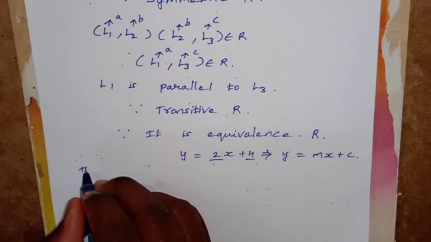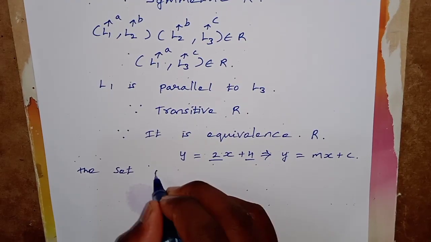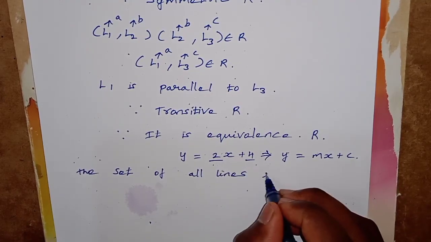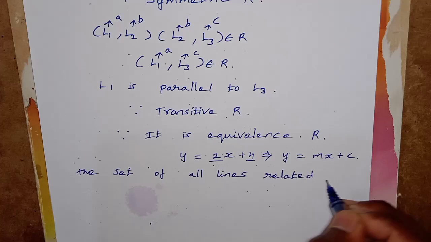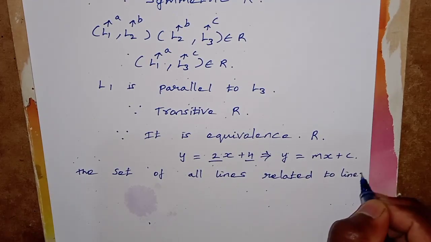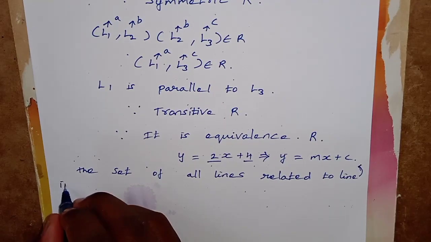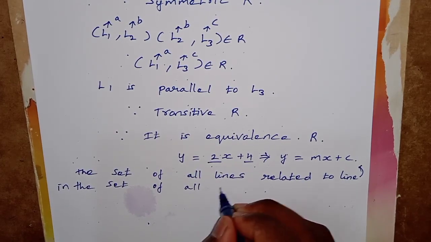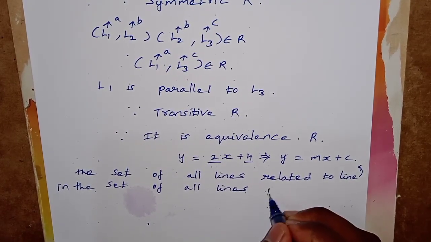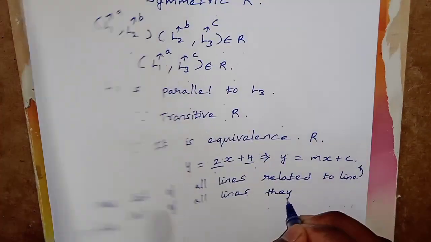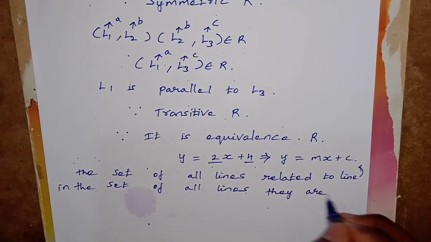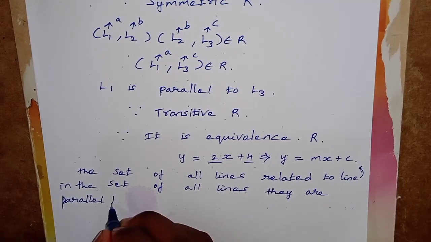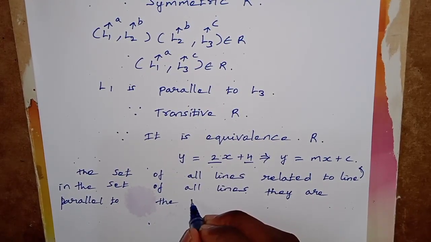You have to write like this: the set of all lines related to the line, in the set of all lines they are parallel to the line.